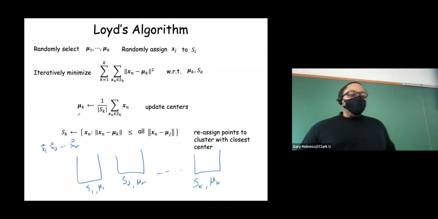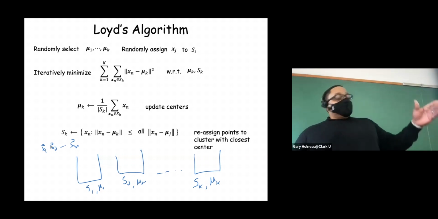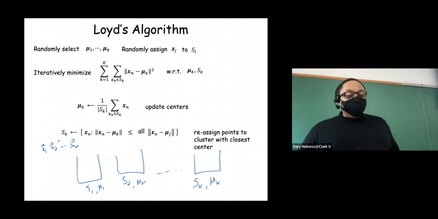Now at this juncture, because we calculated the mu's, the centers, and fixed them, we take our points again and iterate through them, but now instead of assigning them randomly, we're going to assign them to the cluster or grouping S that has the closest center. So we're going to compare all the features of X1 to mu1, mu2, mu3, up through mu k. And let's say X1 was closest to mu2.